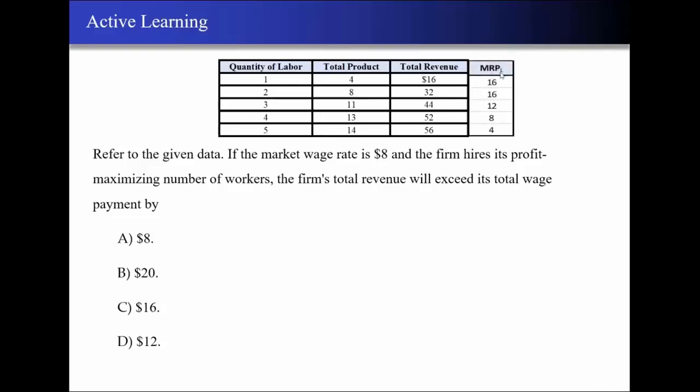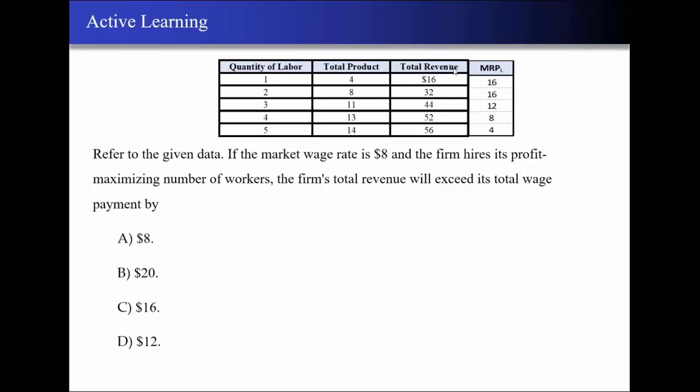Okay, so our marginal revenue product of labor is given here. How did I get this? Well, if you hire the first worker, their marginal product is 4, okay? And the product price, well, we're told total revenue, right? We don't know the product price, but we know that 4 units must give us a revenue of $16.